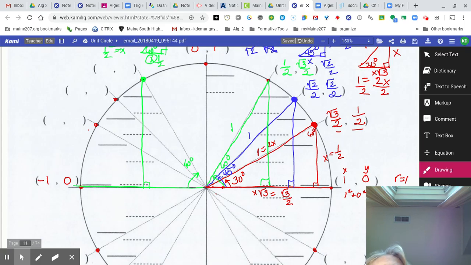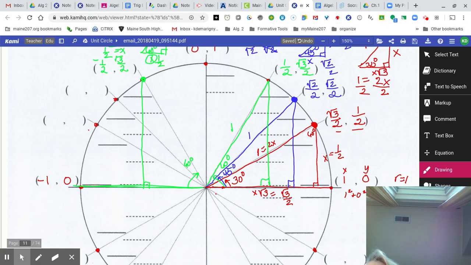So this one will give me all of the characteristics that I had with this reference triangle of 60 degrees. I'll have a half and a square root of 3 over 2. But remember, you moved left and then you moved up. So my x is negative, my y is positive.